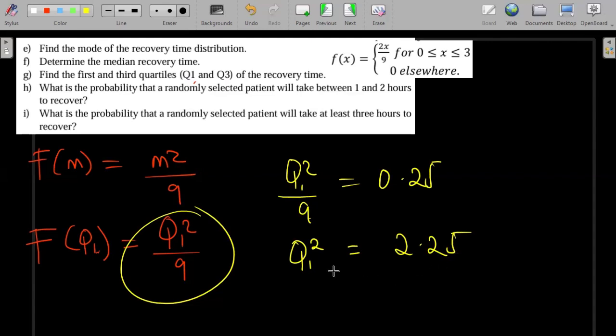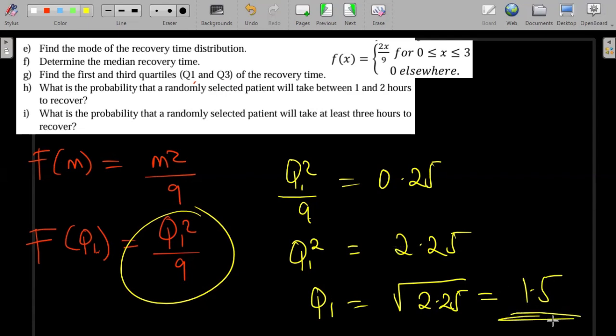Then from there we take the square root, so Q1 is the square root of 2.25, which is 1.5.